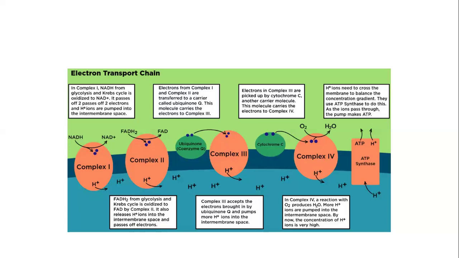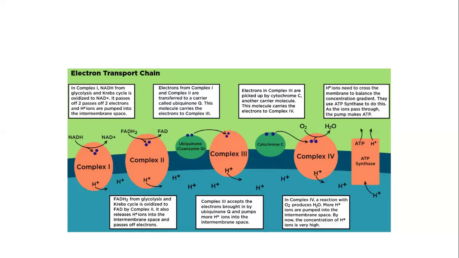It transfers the electrons also to coenzyme Q. Then from coenzyme Q, the electrons are shunted by complex 3 to cytochrome C. Then complex 4, your cytochrome oxidase, transfers electrons from cytochrome C to oxygen, which is the final electron acceptor, right?